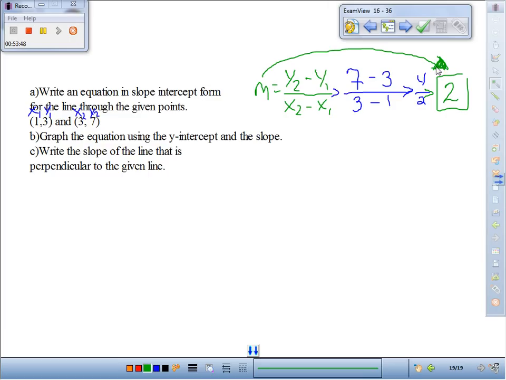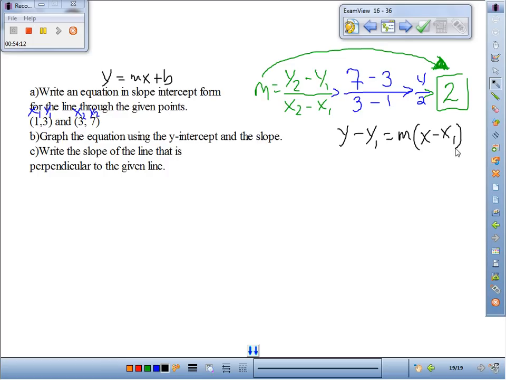Everybody see that? So now, we still need to get an equation, and our equation needs to look like this. Y equals mx plus b. So therefore, the next step, you need to write your point slope form, which is y minus y sub 1 equals m times x minus x sub 1. So do we have those values? Let's see.